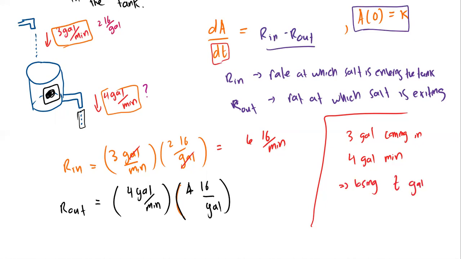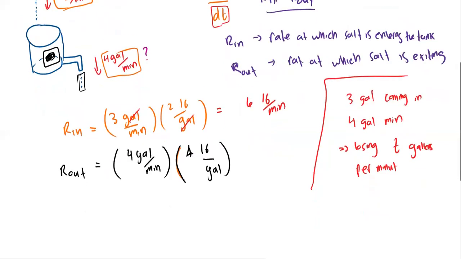Because again, T represents the amount of minutes, right? So how many minutes we have, that's how many gallons we're losing, right? So T gallons. Now, I can't just put T here because T is not the amount of brine solution in the tank.